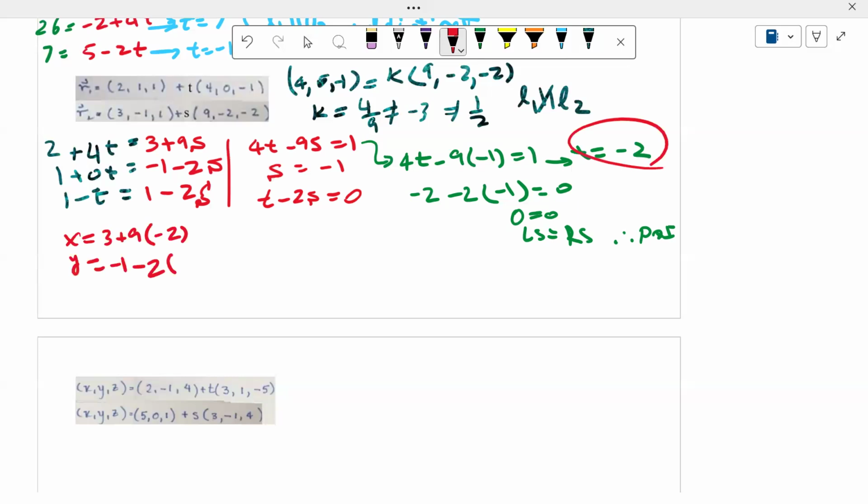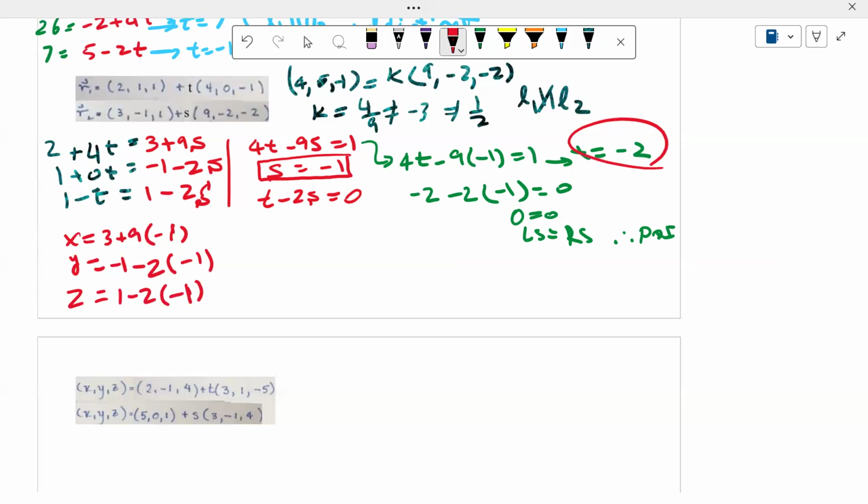This is s, so it's minus 1. That's a mistake. This is minus 1. Why? Because this is what I'm looking at, s, minus 1. So 2 times minus 1. And z is equal to 1 minus 2 times minus 1.